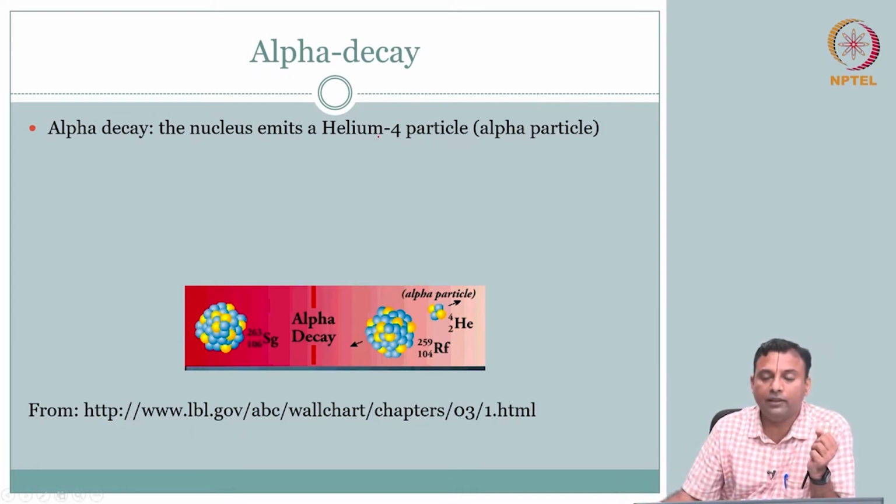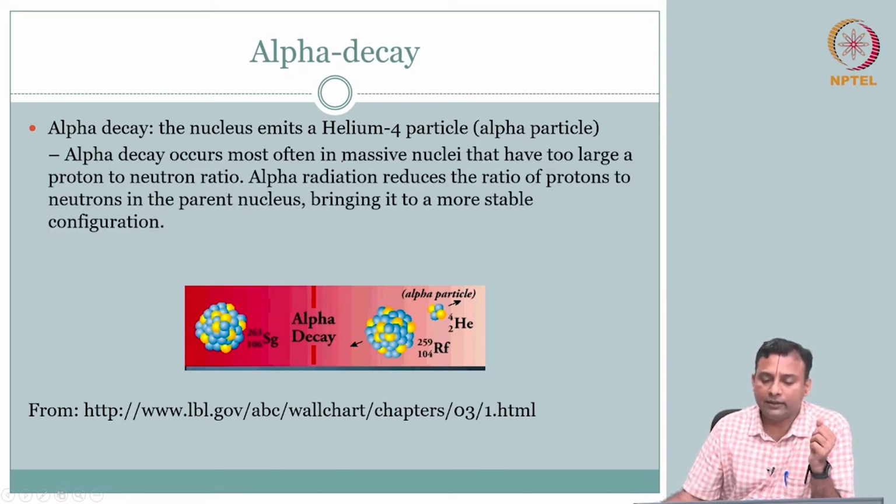What is an alpha particle? Here helium, you have He-4 with atomic number 2, this is your alpha particle. So, clearly you can see from here that alpha decay occurs typically in massive nuclei. You see here 106, 263.